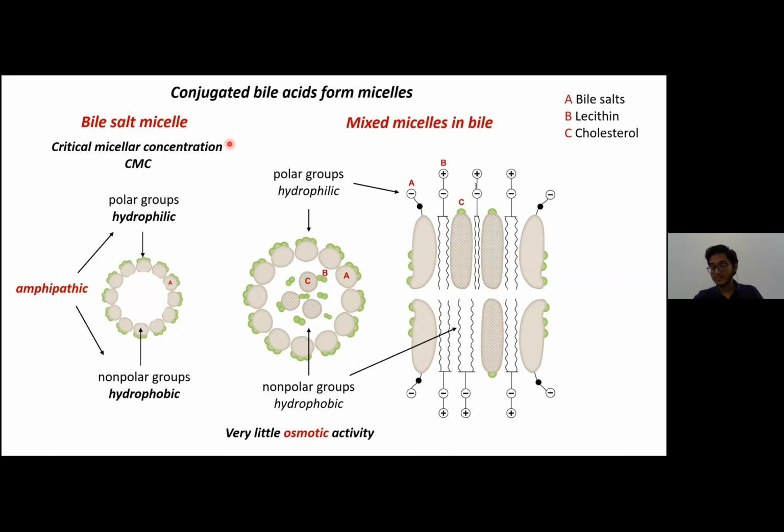Okay? If bile concentration drops below the CMC, you won't produce micelles. So in the guy, for example, who had his ileum removed, his bile acid production will go down. Eventually, the concentration of bile is not enough to produce micelles.